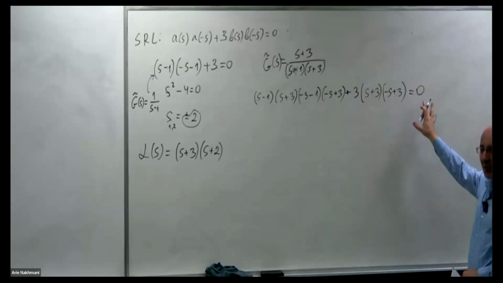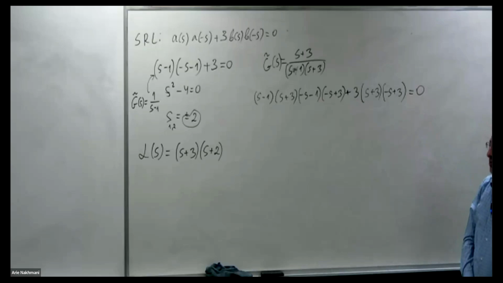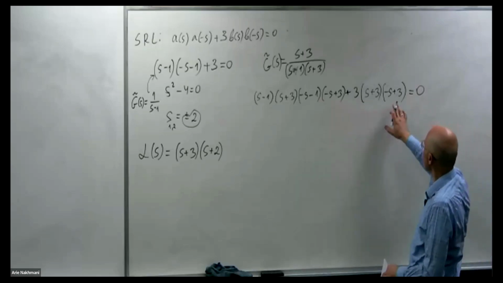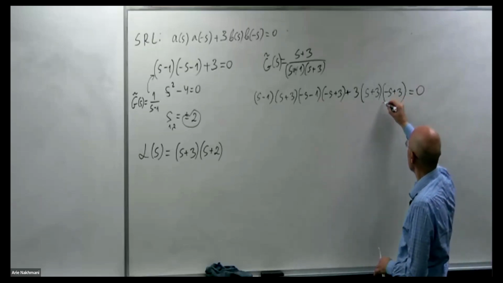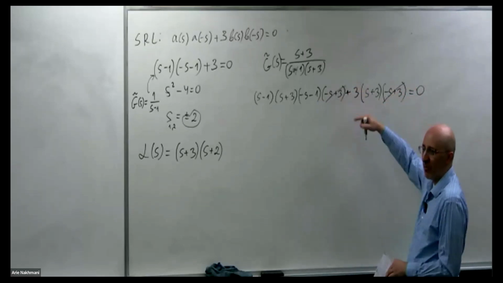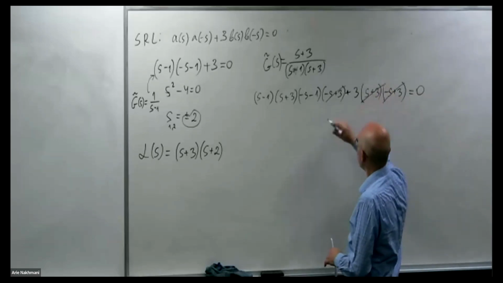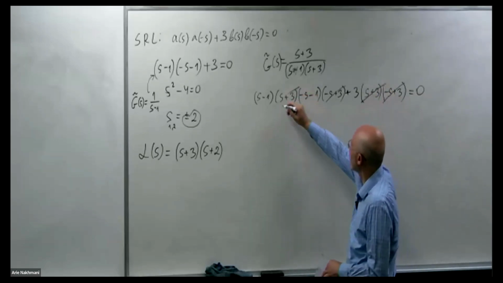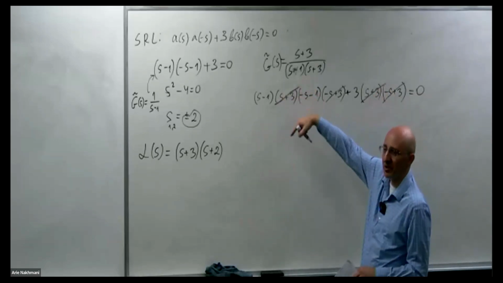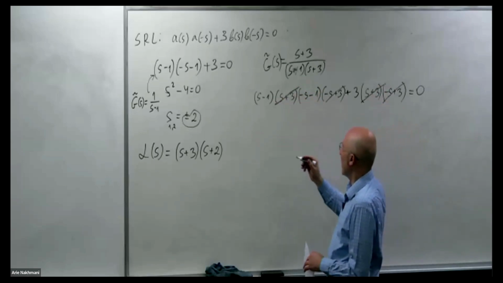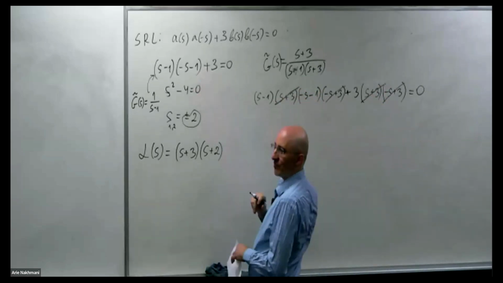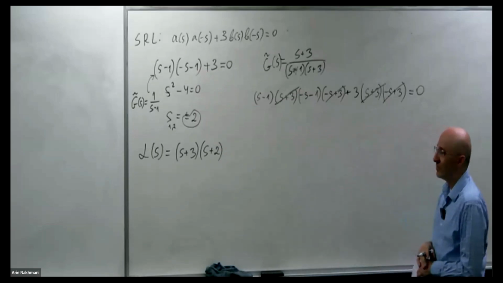So this is the full order equation. But look at these terms: they appear in both places, so they cancel out, because you can divide both sides by them. Same thing with that term, you can divide by s plus 3. So what is left is that.